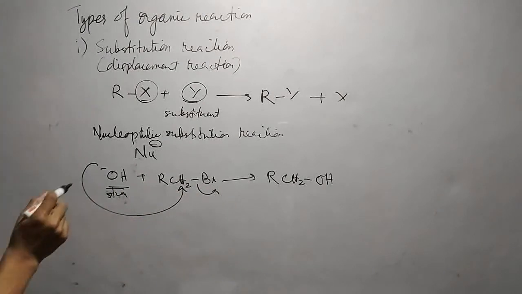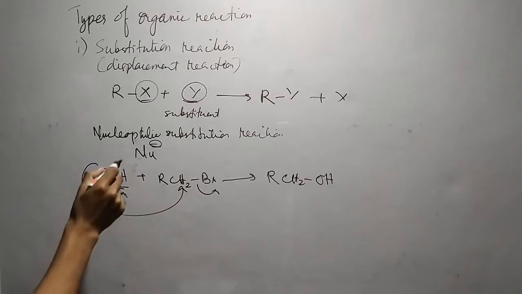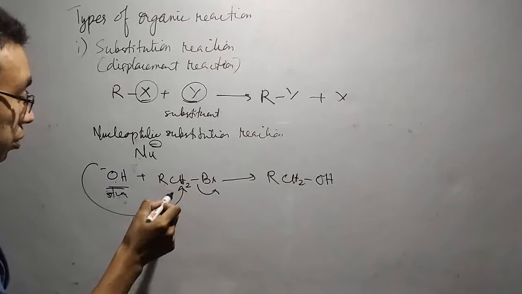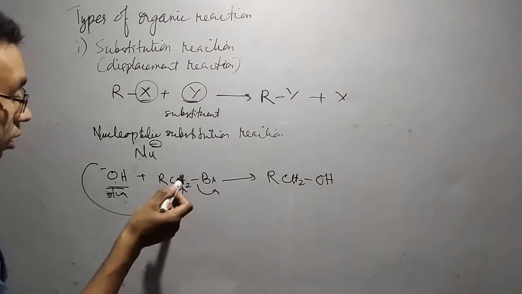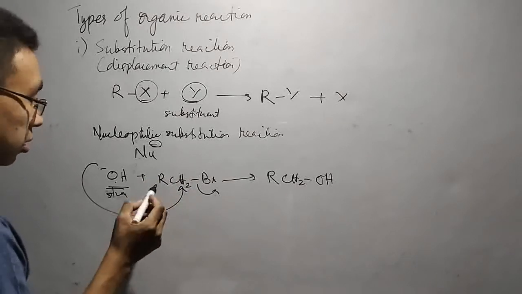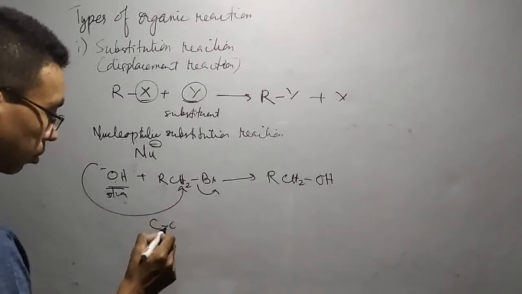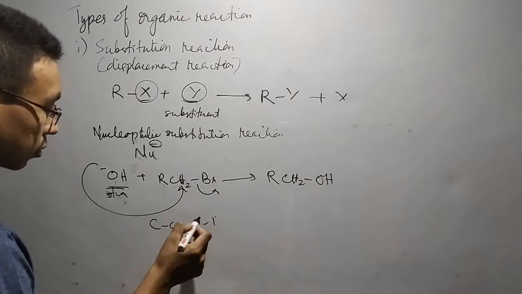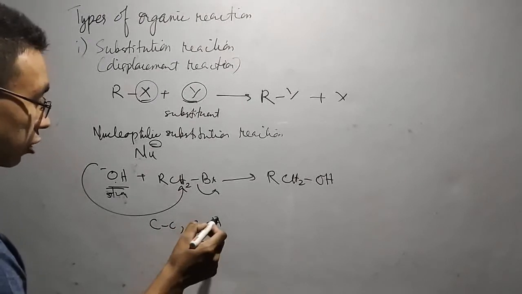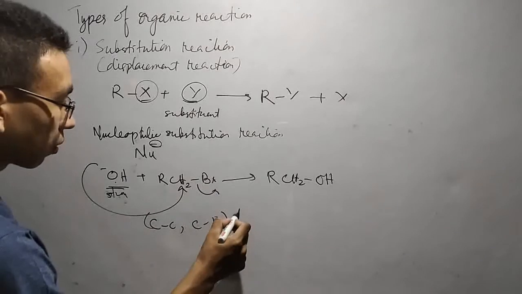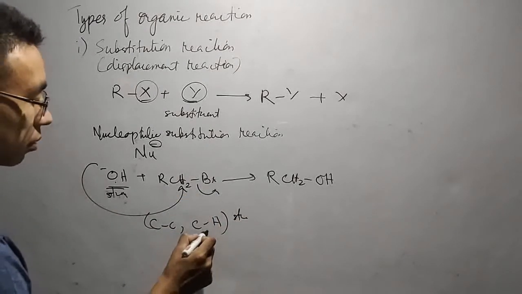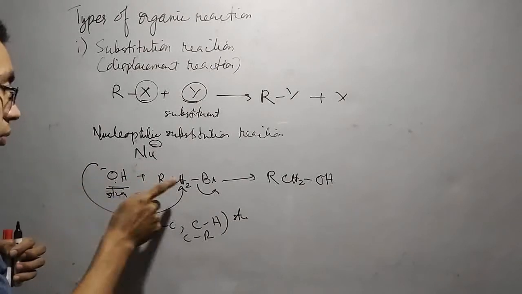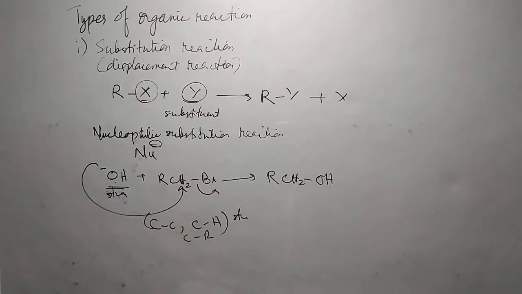And one more thing, see this minus OH or the nucleophile does not eliminate the other atoms like R or H atoms, because the C double bond C, C single bond C and C single bond H have a stronger bond compared to C-Br. That's why it will replace Br. Clear?